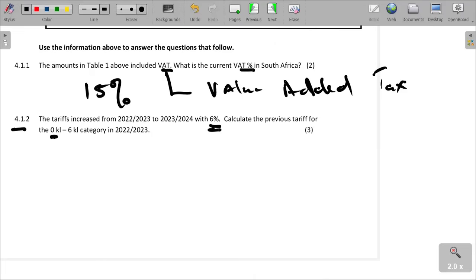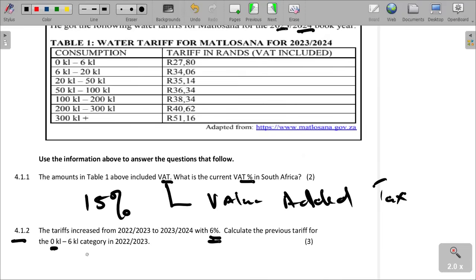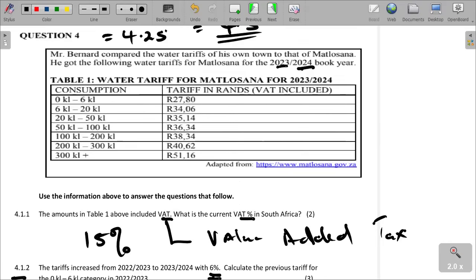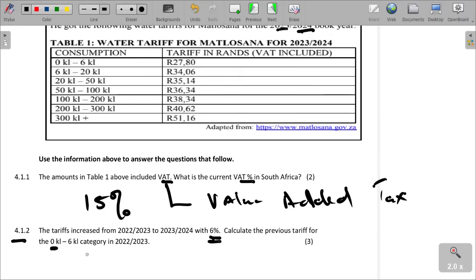What we need to look at is 2022-2023, which is given here. For 0 kiloliters there is 27 rand 80 given there, and we must calculate that.